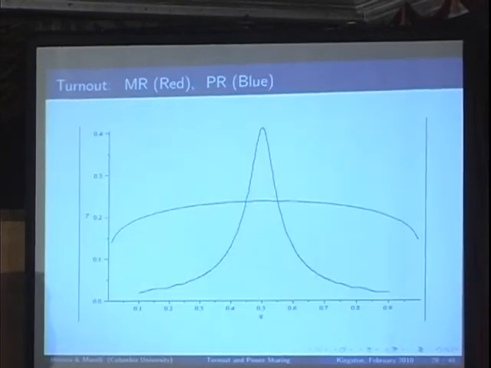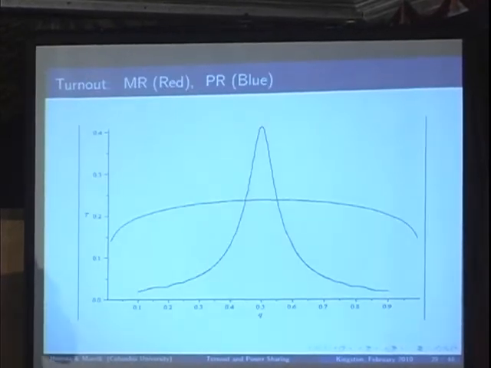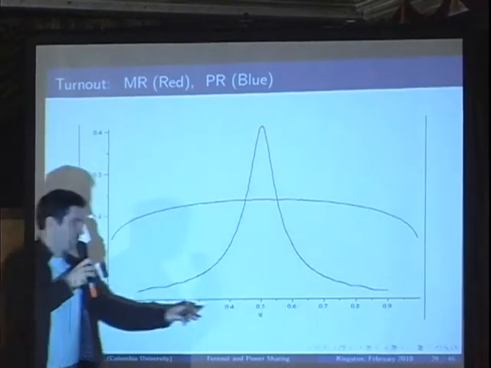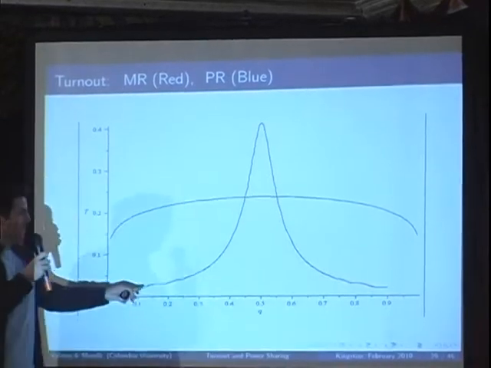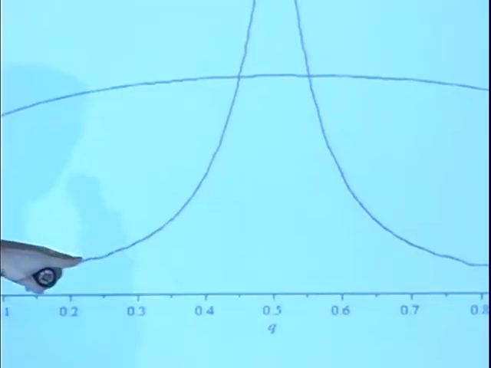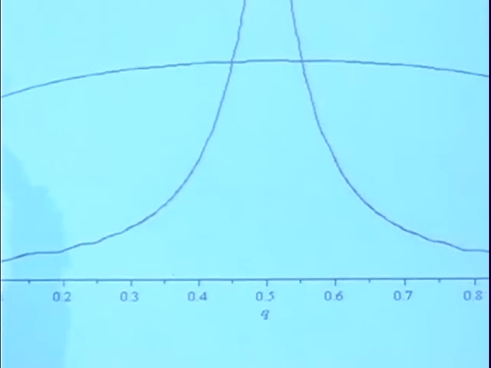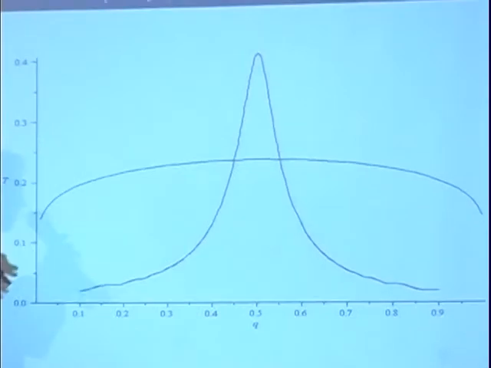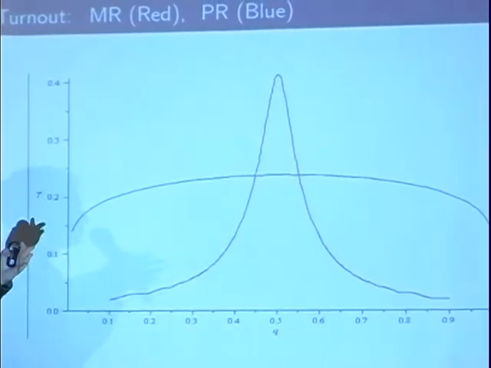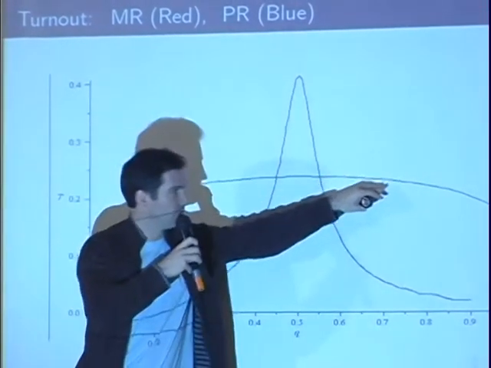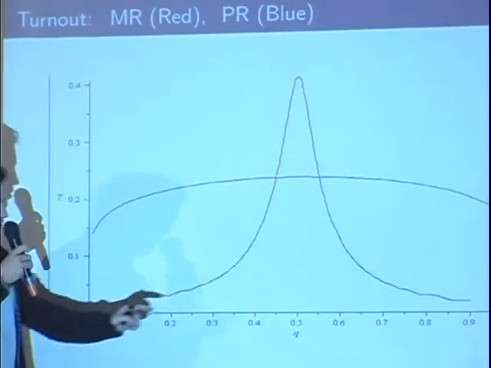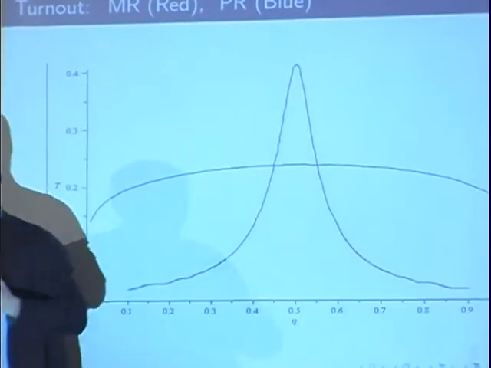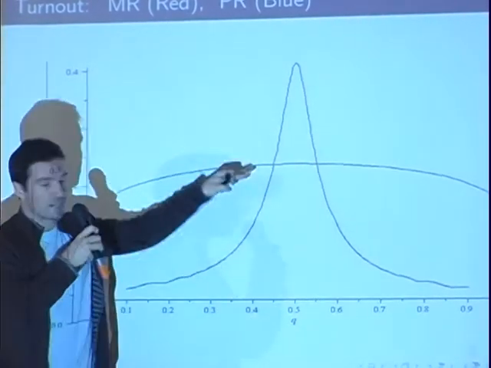So what I want you to take away perhaps is this picture here, which is the preference split, and this is the turnout with majority, and this is turnout with power sharing. How turnout with power sharing declines with n does not depend on Q. Okay, so we have roughly the same dependence, whereas here with majority, when Q is a half, we have a high turnout because the decline with n is very slow. Everywhere else, the decline with n is much faster.